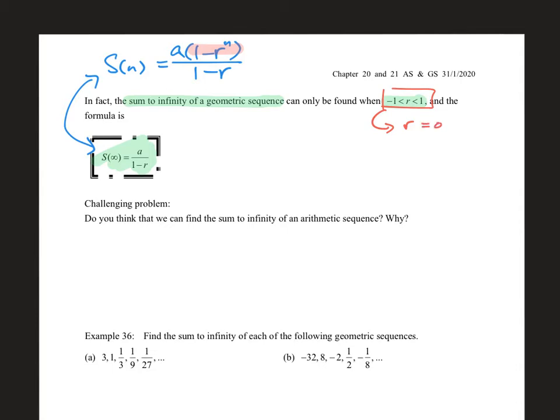Yes, it may be like 0.5, maybe 0.2, maybe minus 0.3, maybe even 0, maybe minus 0.7, and so on. But for all these numbers, there is a very tricky way. When you refer to the sum of n terms in GS, there is a term called 1 minus R to the power n.